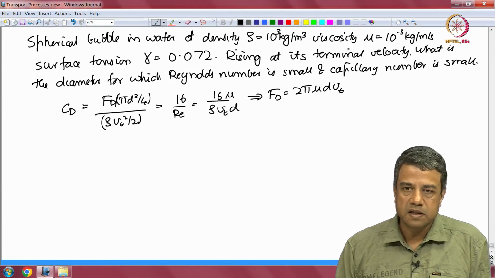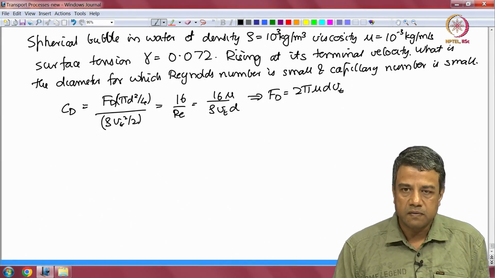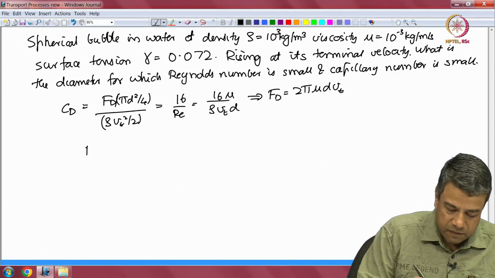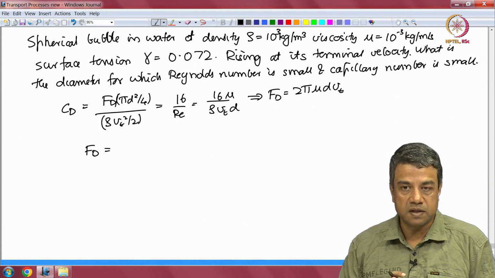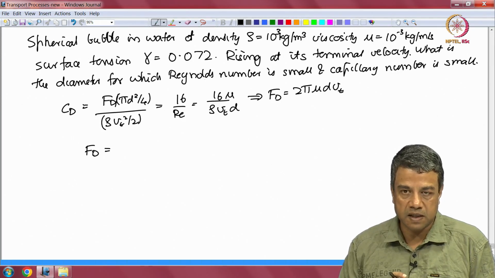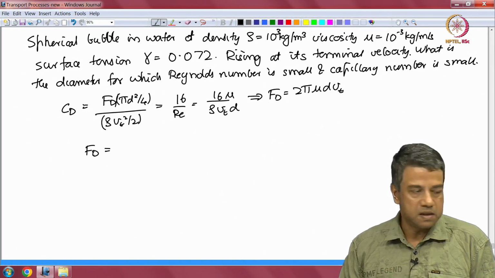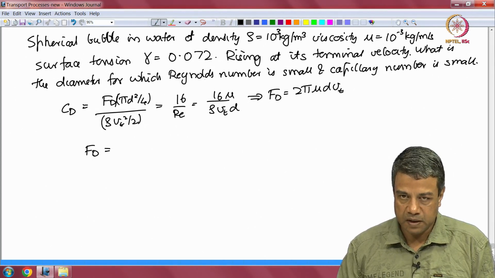What is the force balance equation for a rising bubble? The gravitational force is equal to the drag force. So, Fd is equal to, in this case, the buoyancy force because the density of the gas bubble is much smaller than the density of the liquid. Density of air I told you is about 1.25 kg per meter cubed.